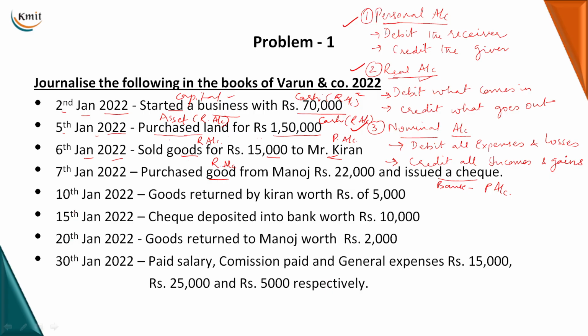So the next transaction, the fifth transaction, is on 10th January 2022, goods returned by Kiran worth rupees 5,000. Who is the giver here? Kiran is a personal account, goods again real account. When the personal account is a giver and he is returning goods, we consider it as sales returns.